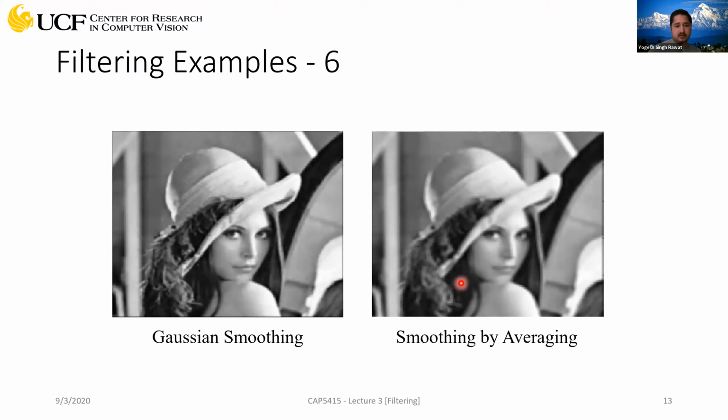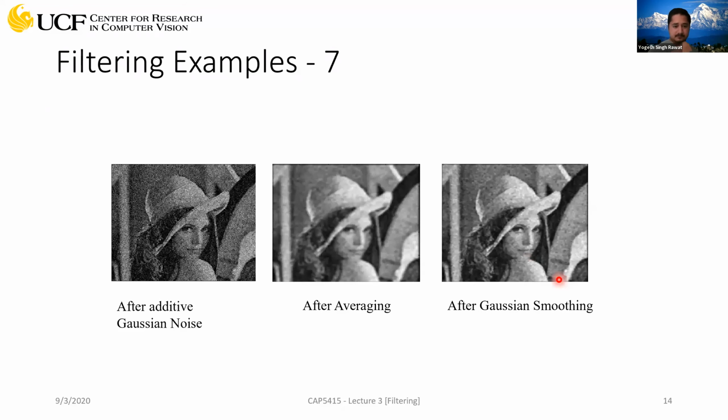Okay, so here's a direct comparison between Gaussian smoothing, which we saw in the last slide, and smoothing by averaging, which was on the previous slide. Now, this is one more example where we have added some Gaussian noise to the input image. It's too much noise.